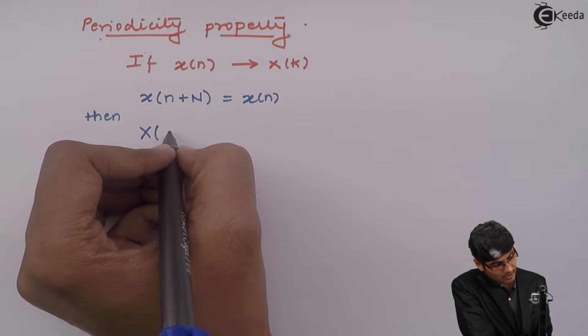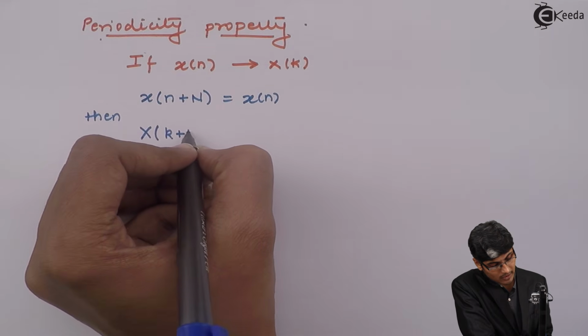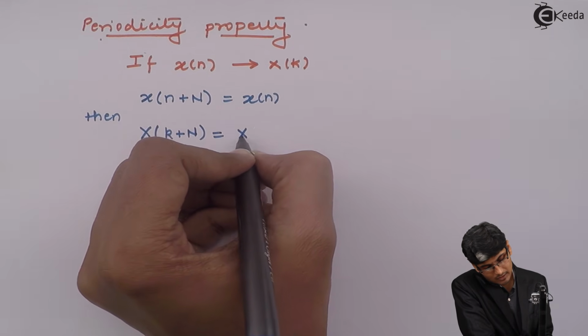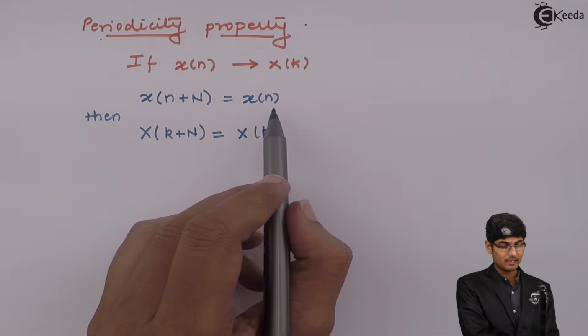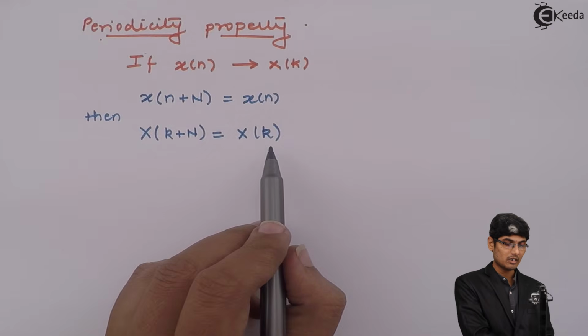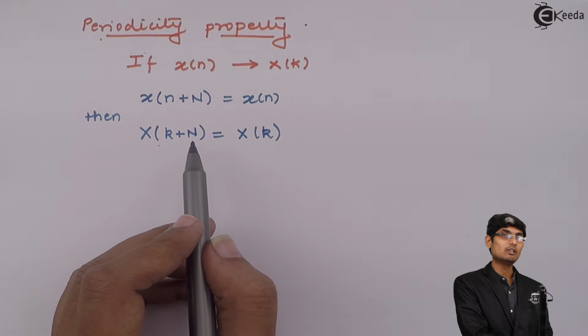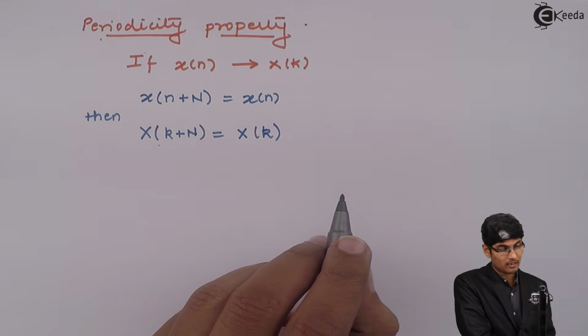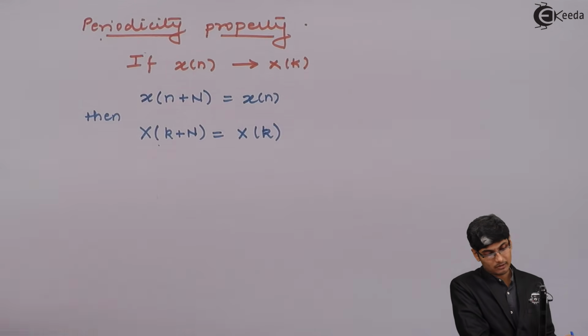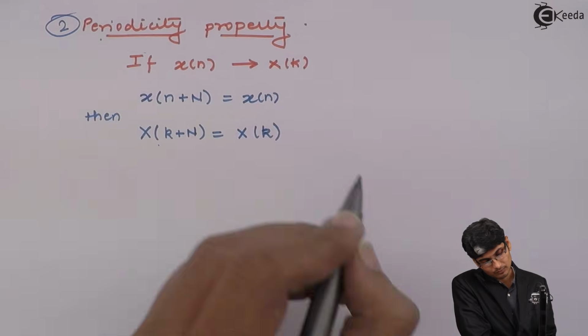That means it will also satisfy this condition. So whenever the input signal is periodic, the Fourier transformed signal is also periodic. That is the periodicity property, which is number 2.